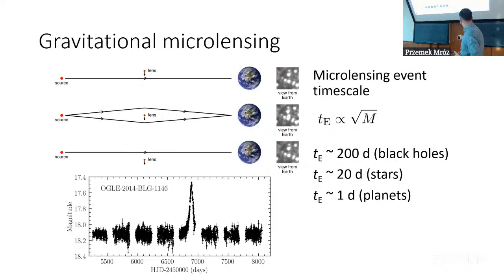Typical microlensing events by stars have timescales of a few weeks, roughly 20 to 30 days. Microlensing events by planets should have very short timescales, roughly about a day, maybe a few hours. And we expect that microlensing events by stellar mass black holes should have timescales of a few hundred days, 100 to 200 days and longer.